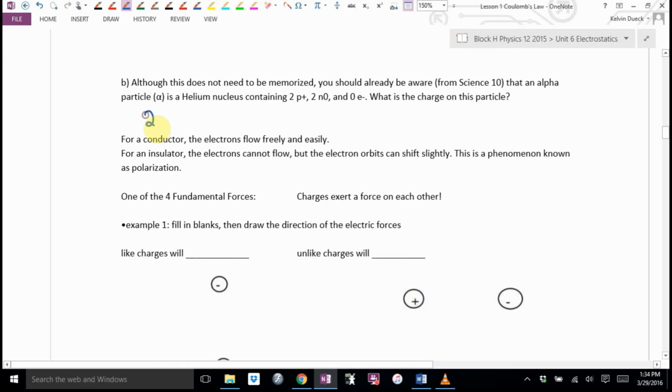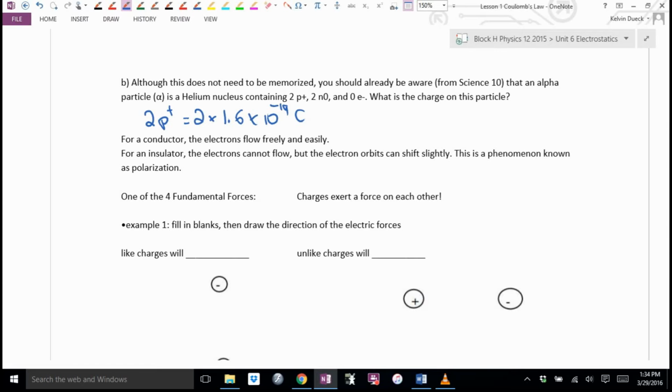Well, it's got 2 protons, which is going to be 2 times 1.6 times 10 to the negative 19 coulombs. It also has 2 neutrons. What are the charge on 2 neutrons? 0. Has no electrons.